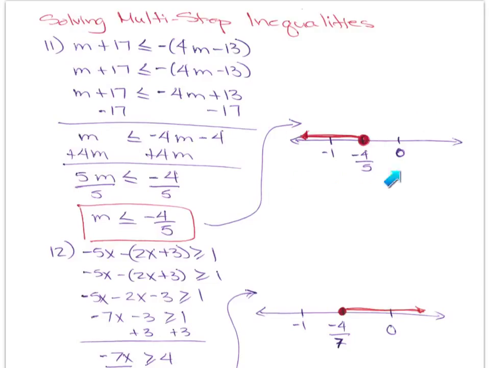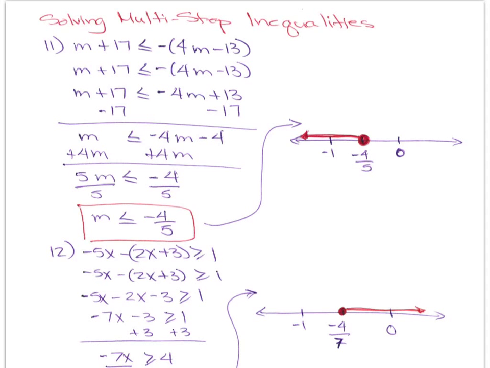So to plot that, here's our plot for it. Negative 4 over 5 would be between negative 1 and 0. Because it's a less than or equal to, there's that equal to, we're using a shaded dot. And then because we're looking at less than or equal to, we will draw the arrowhead pointing to the left of that shaded dot.